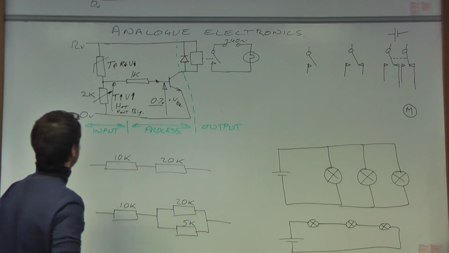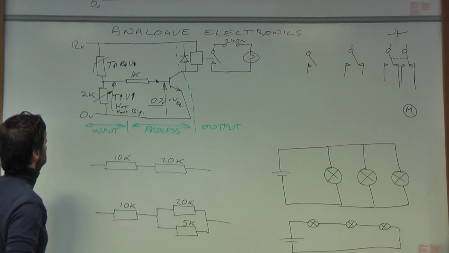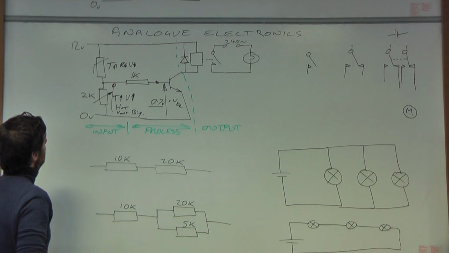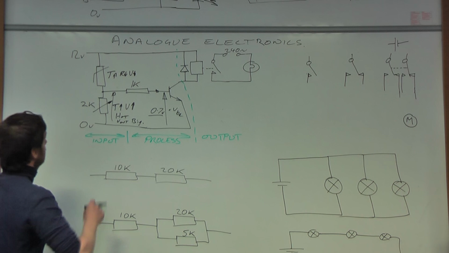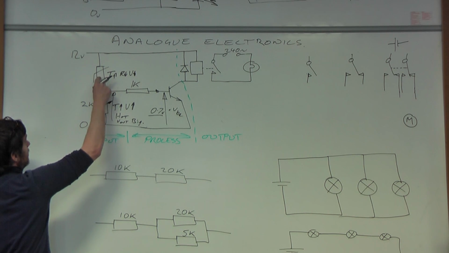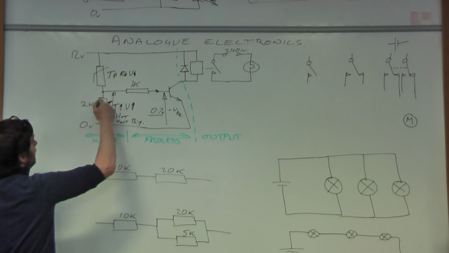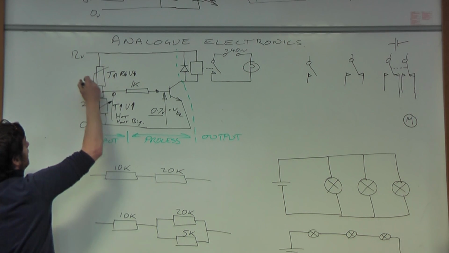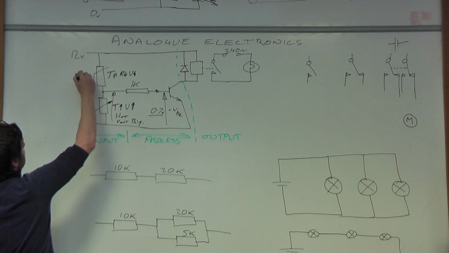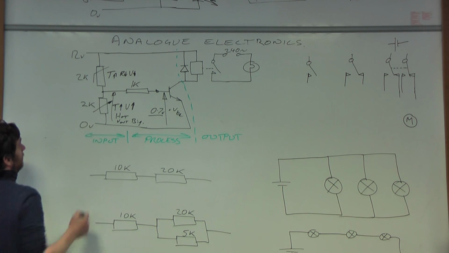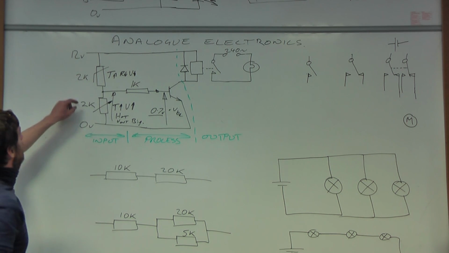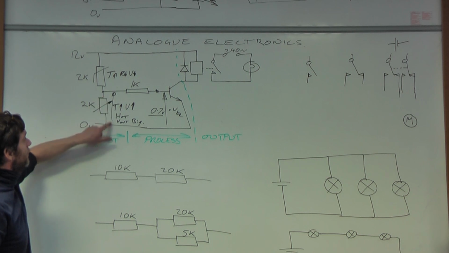Now, if you're given a temperature, you can work out the resistance of the thermistor from the data booklet. Let's say I've looked in the data booklet and the resistance there is, let's just say 2K to keep things easy for me. We then need to find this voltage here.